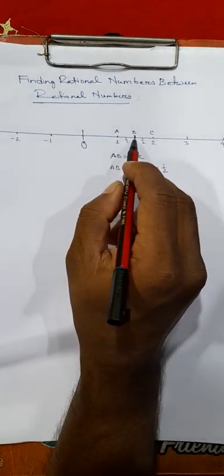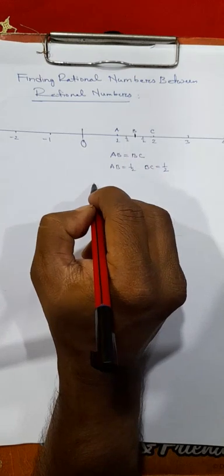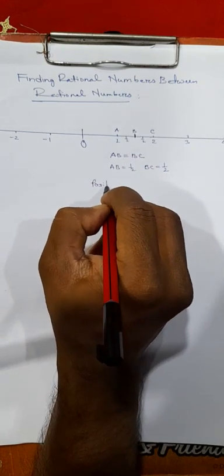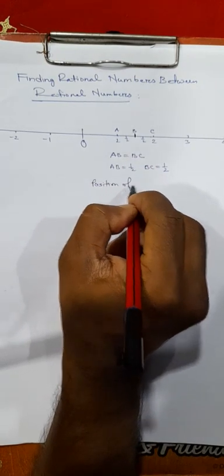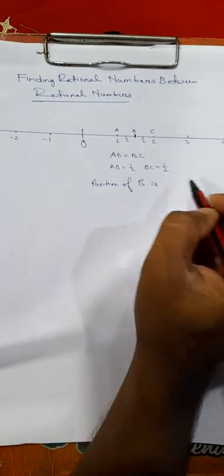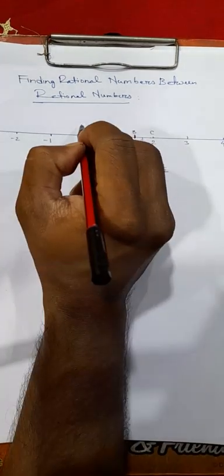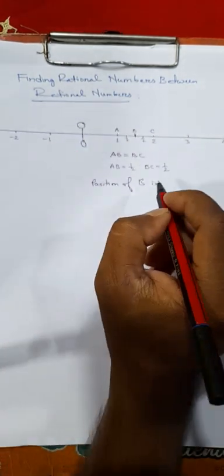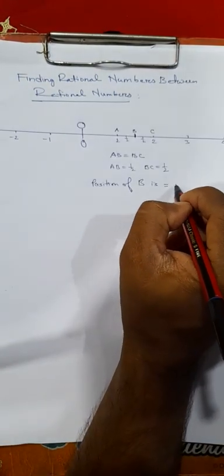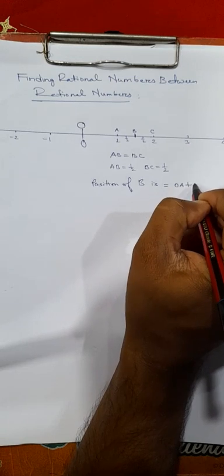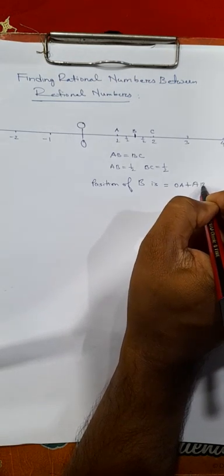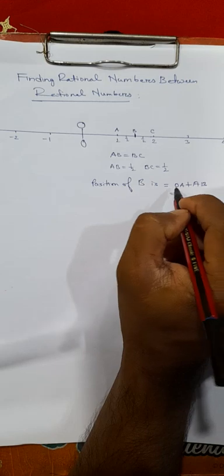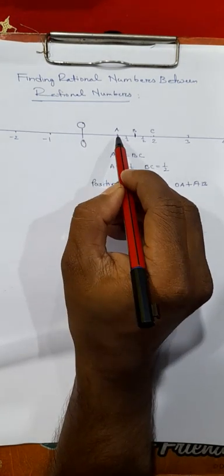So position of B is, suppose you denote this position O. Now position of B is OA plus AB, right? OA means distance between 0 to 1.